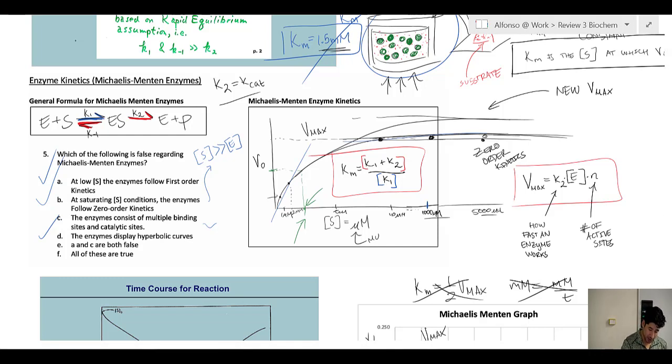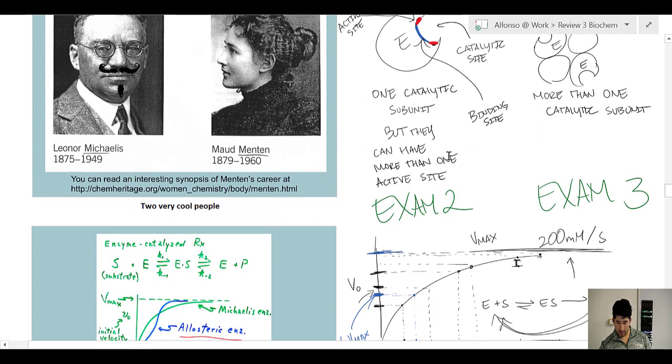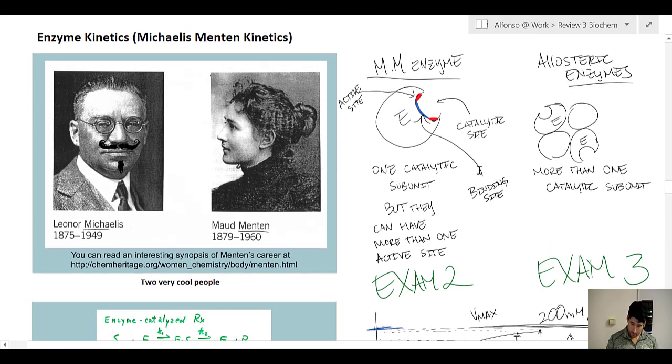The enzymes could consist of multiple binding sites and catalytic sites. For Michaelis-Menten enzymes, that is definitely true. And we covered that at the very beginning. Michaelis-Menten enzymes have one catalytic subunit, but they can have more than one active site, a catalytic site.